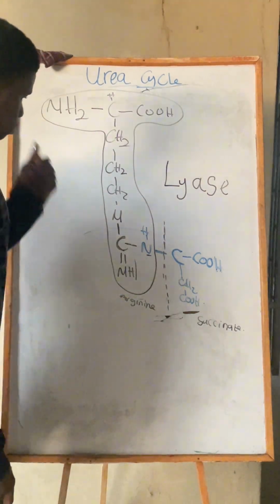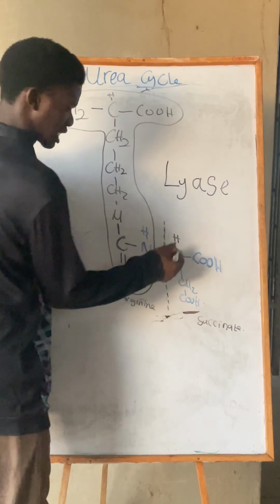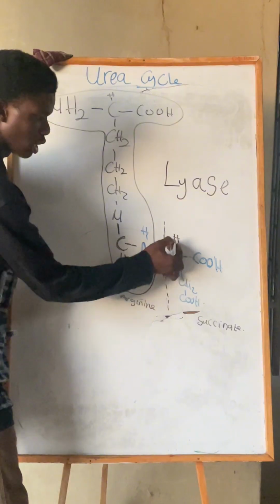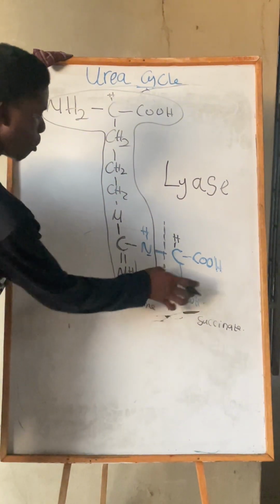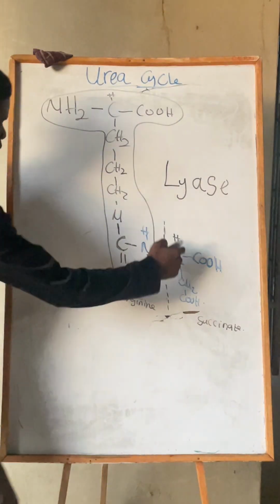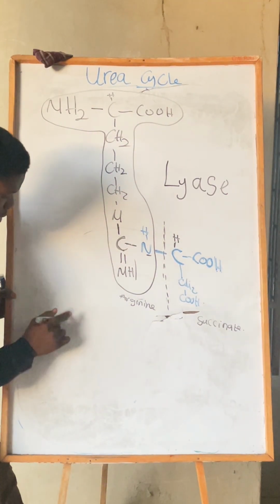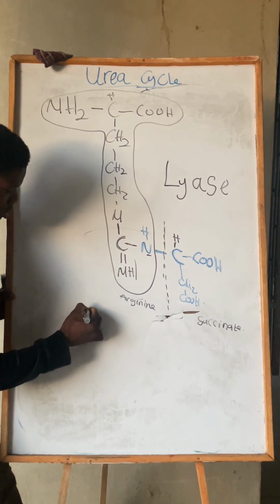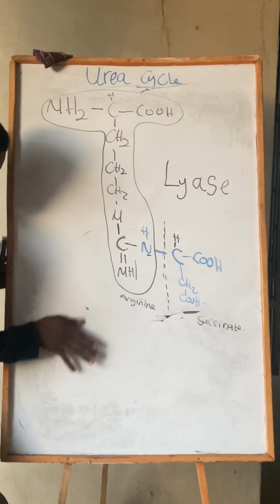So don't forget this one has a hydrogen on it, because carbon is supposed to have 4 bonds around it. So 1, 2, 3, 4. Now after breaking it, we have our adenine. But let's look at this guy. After breaking the structure, we will just have this C. Let me use the blue marker for this. Succinate.